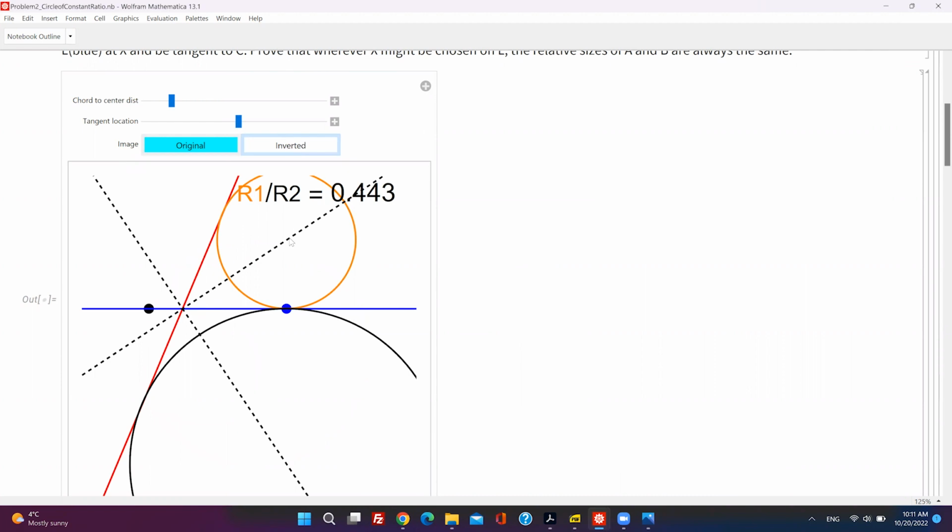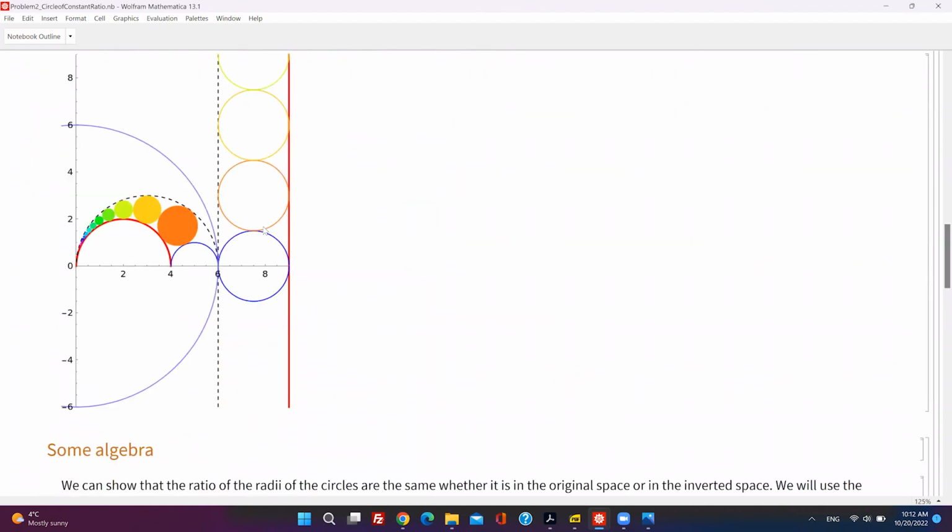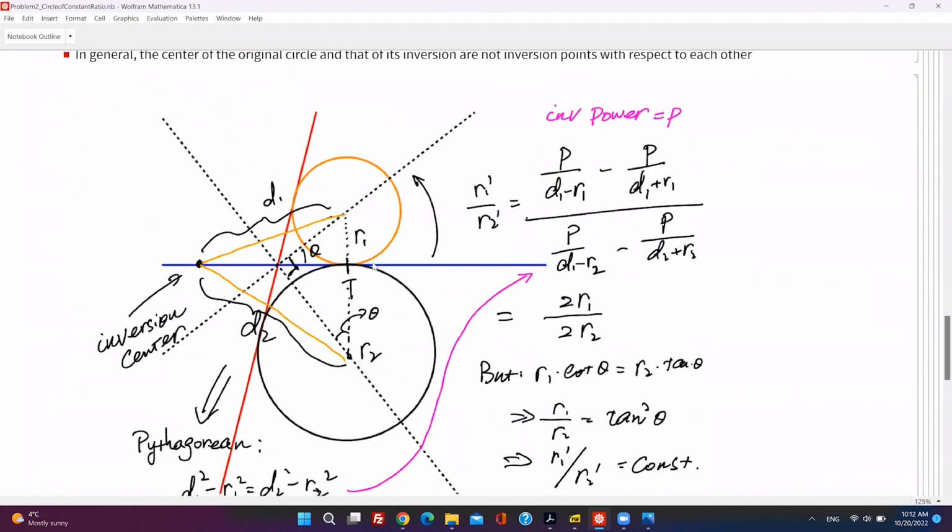Inversion just changes circle to circle, or circle to line sometimes, and the chord is usually a line. If the line goes through the inversion center, it just inverts to the line itself. So I've sketched a very quick proof underneath, so you can quickly take a look at it.